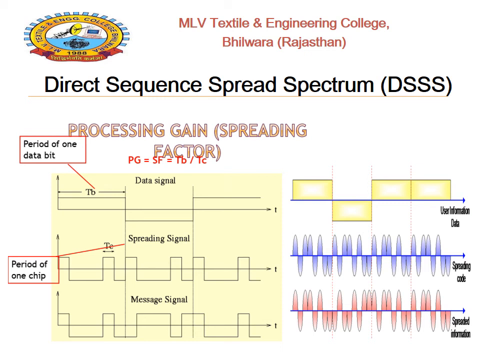Next is the output message signal, the spread spectrum final message signal which is to be transmitted. The output message signal is generated by the XNOR operation of the T_B and T_C bit sequences.